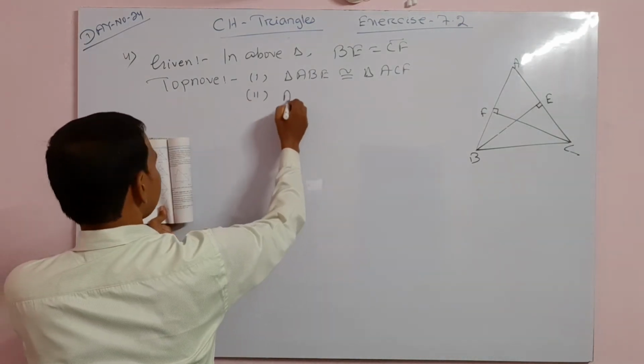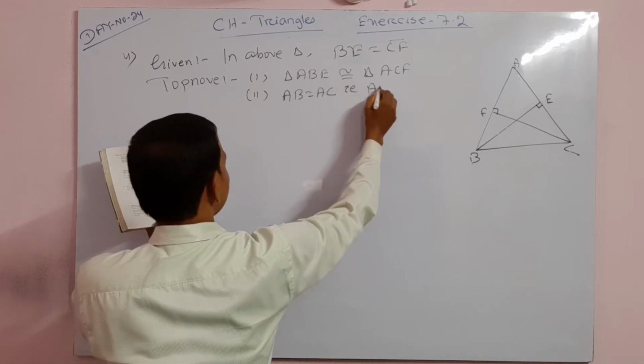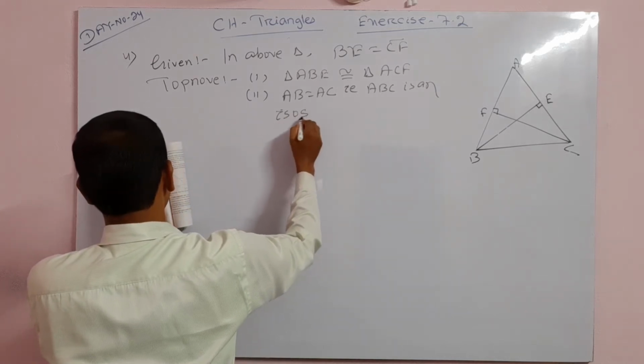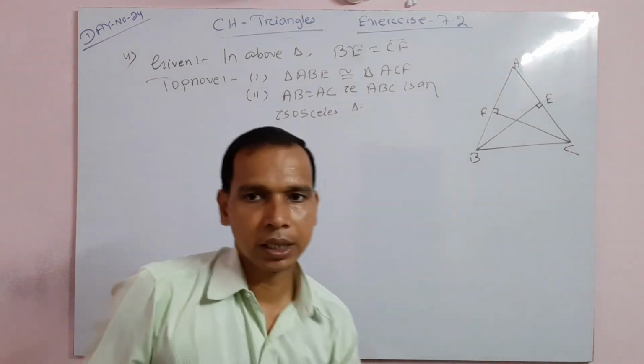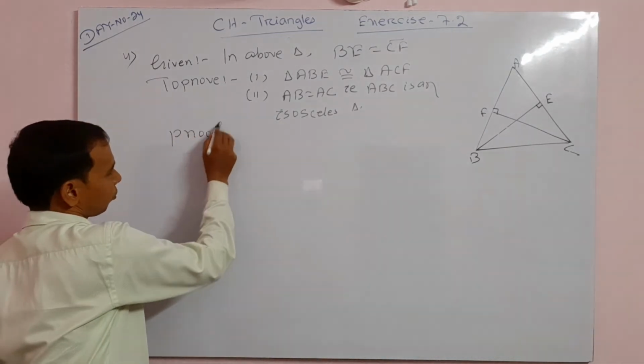Second option here, AB equal to AC. That means ABC is an isosceles triangle. Okay, given complete, then to prove complete, then come to the proof.